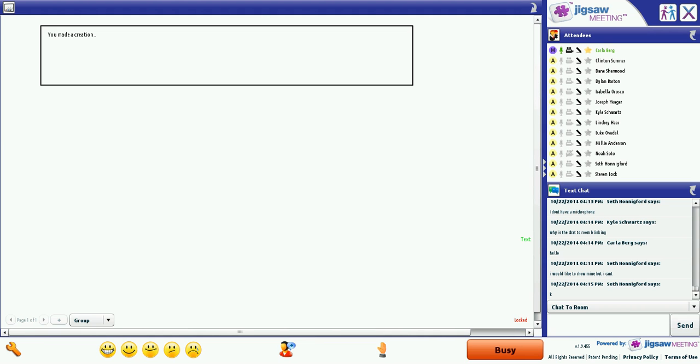So you guys each made some sort of creation. I would like you to think about this question and write your response up on the whiteboard. So you made a creation. If we added a programmable computer to your creation, what could your creation accomplish?